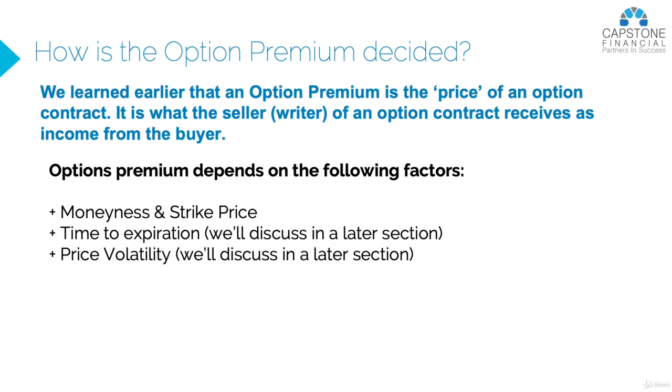Next is price volatility, and we will also discuss this in a later section. Price volatility, also referred to as implied volatility, is simply put as how much does the stock that you purchased the option on move per day, per week, per month.